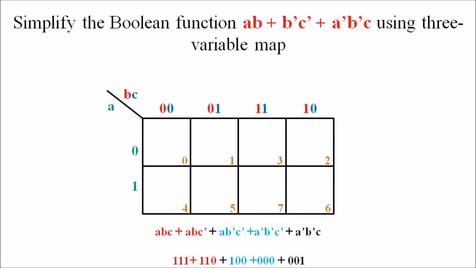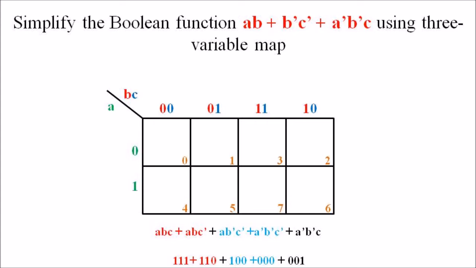Here in this 3-variable K-map, the 2 rows represent the variable A and A bar, and the 4 columns represent the variables B and C. The first row is A bar, that is A is equal to 0, and the second row is A, that is variable A is equal to 1. And the first column is B bar C bar, that is 0, 0. Second column is 0, 1, that is B bar C. Third column is 1, 1, that is BC, and fourth column is 1, 0, that is BC bar.